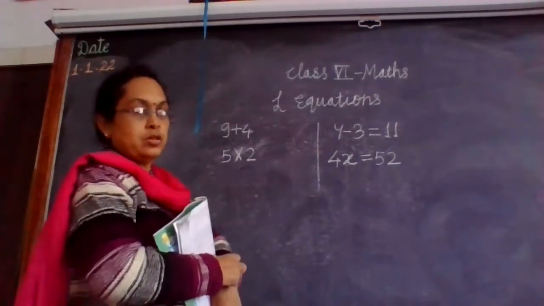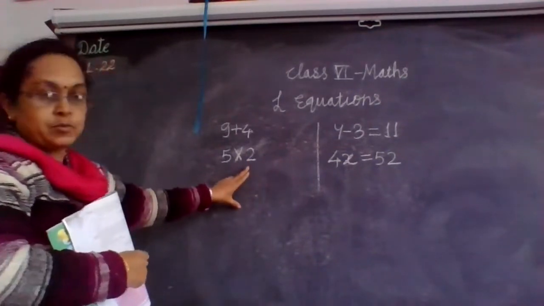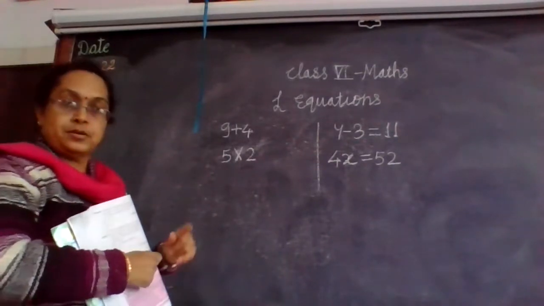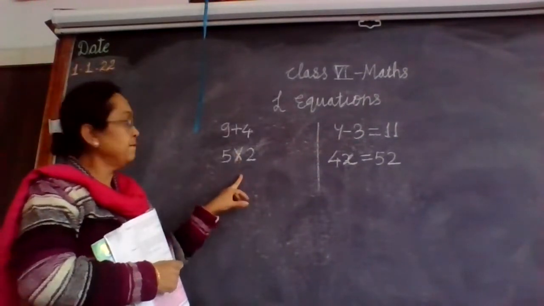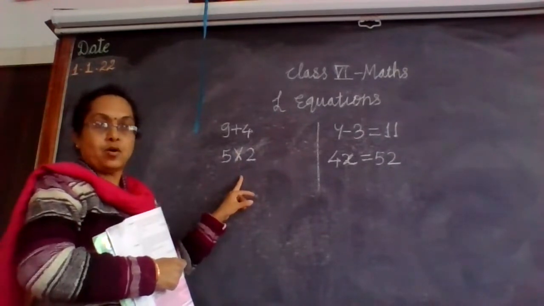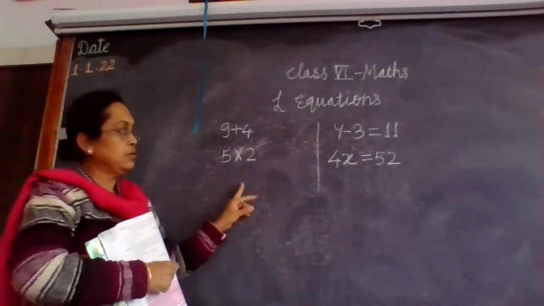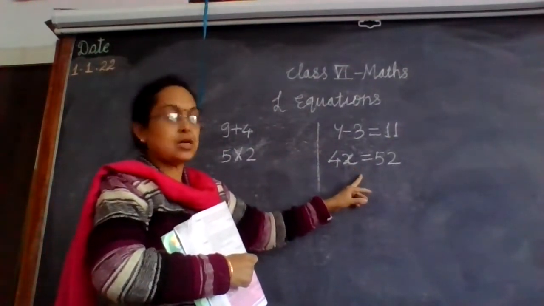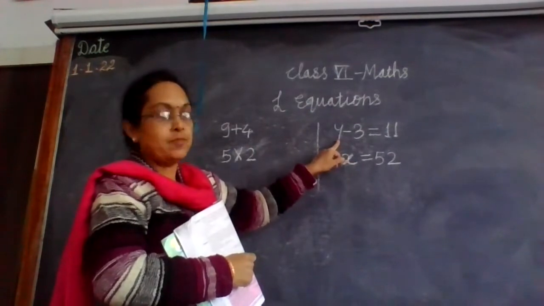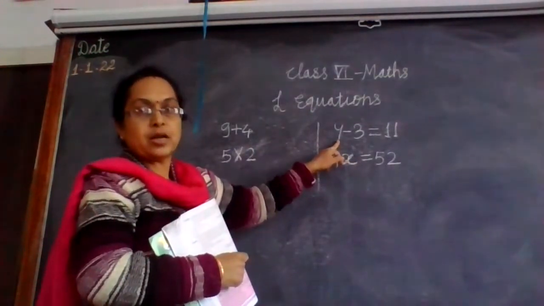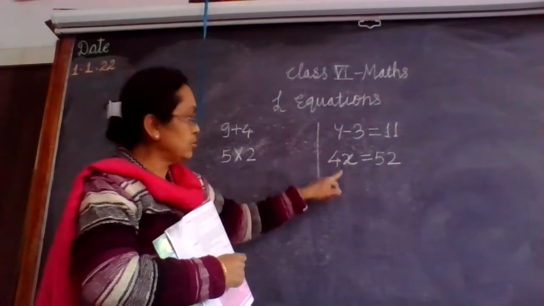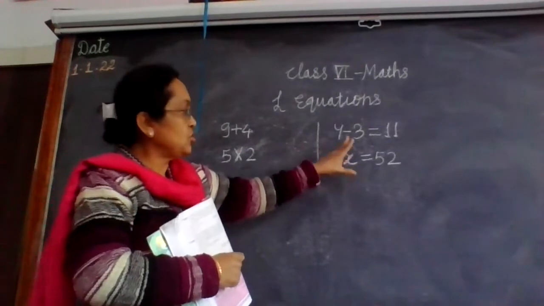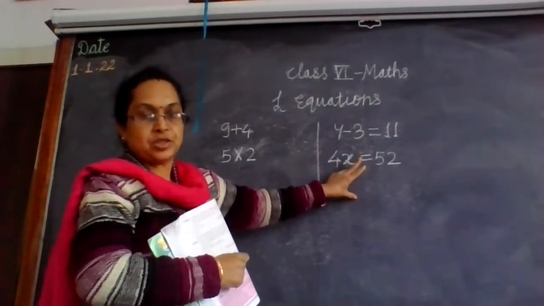Now in these two types of expressions, what you are seeing as the difference is, in this, only mathematical operations on the numbers are seen, and here numbers are there, mathematical operations are there, but at the same time some letters, alphabets, we are using. That is, here y we have used, here x we are using. Now such are called equations.